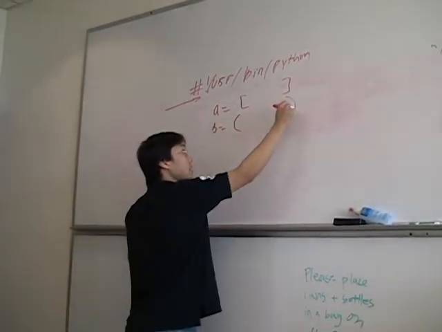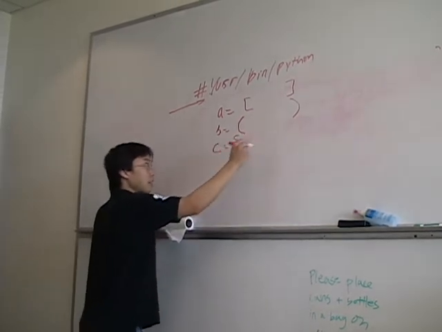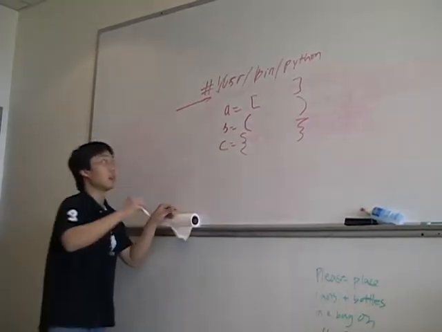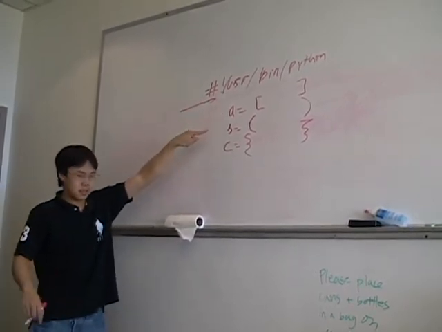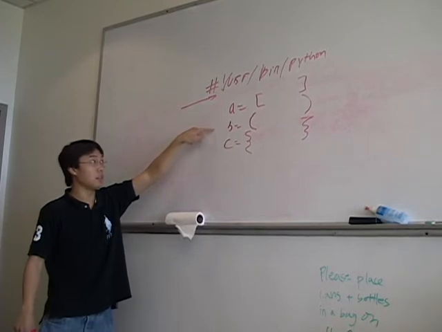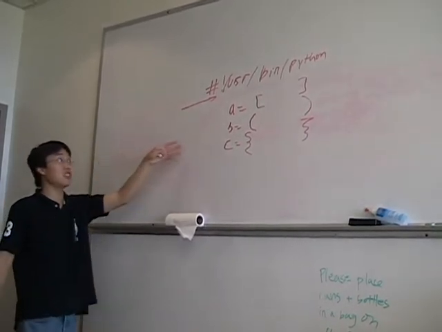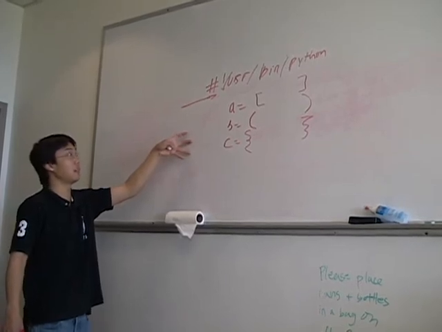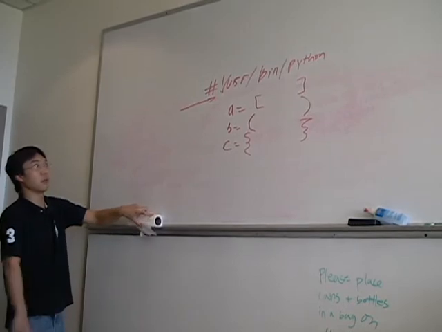If you put parentheses, it's a tuple, and if you put curly braces, it's a dictionary. In Perl, it's called an array. I think this one, yeah, tuple and a hash. But it actually uses a completely different format. And you'll see later on when Eric shows you how Perl works.